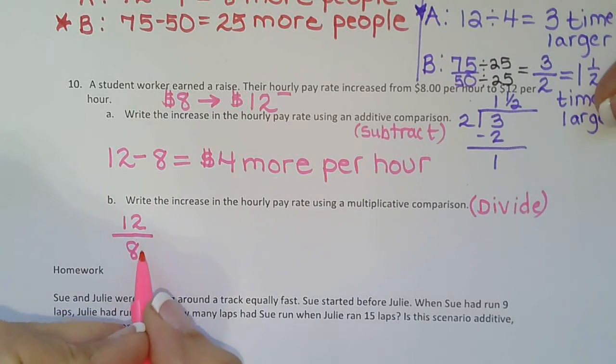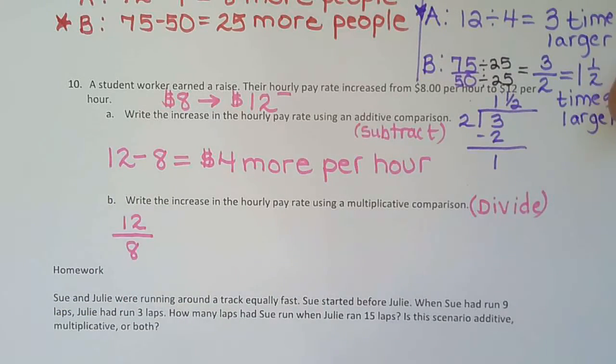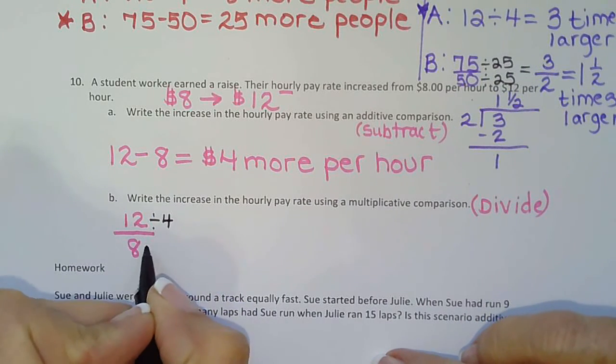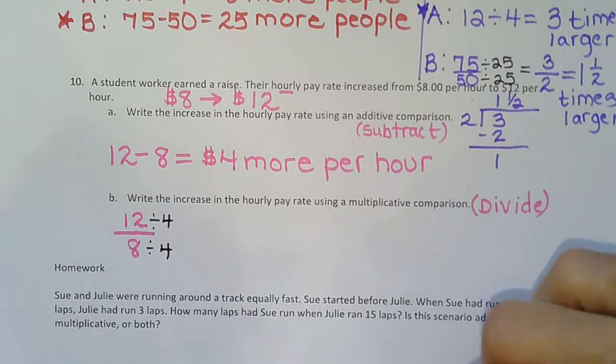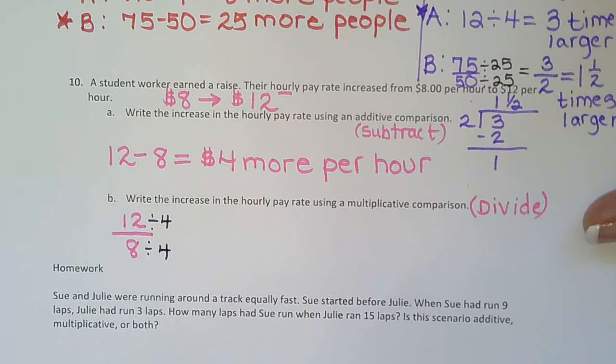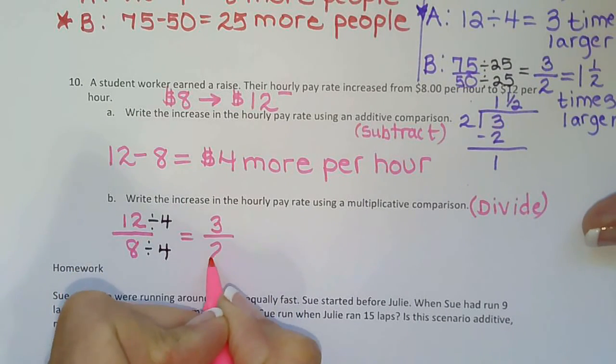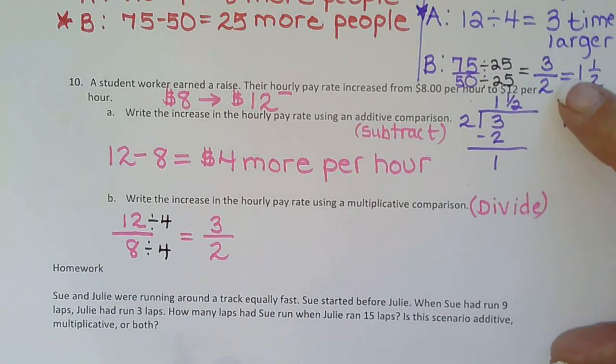Does everybody recognize here that 4 goes into both of these? So we can divide both the numerator and the denominator by their common factor 4. So 12 divided by 4 is 3. 8 divided by 4 is 2. There it is again. We already did that one up here.